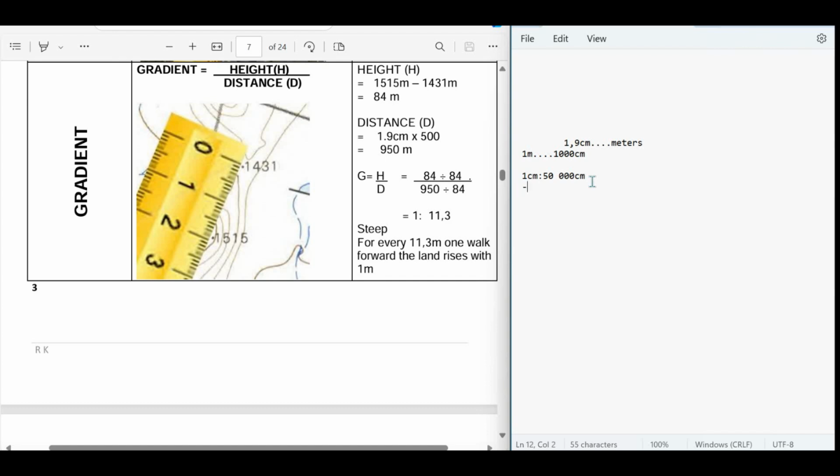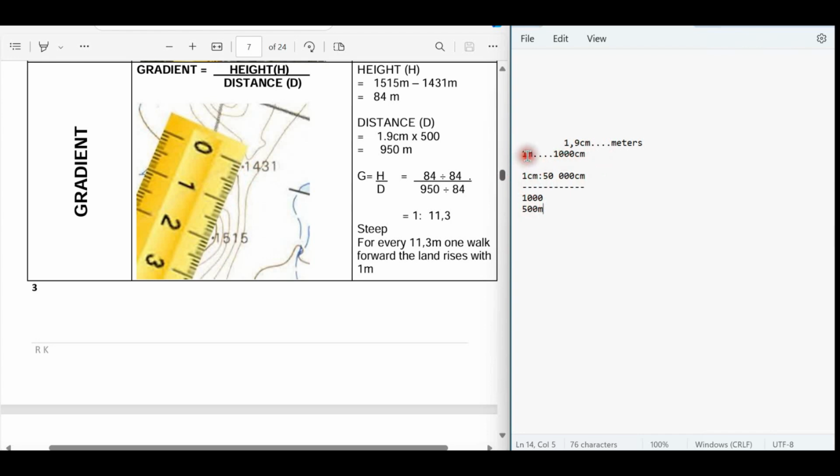Therefore, this should be divided by the conversion of 1 meter. How many centimeters do we get from 1 meter? We are going to end up having 500 meters. The 500 meters that you are seeing here is coming from the fact that we needed to convert 1,9 centimeters, which we got as the actual distance from spot height 1515 to spot height 1431, to meters.